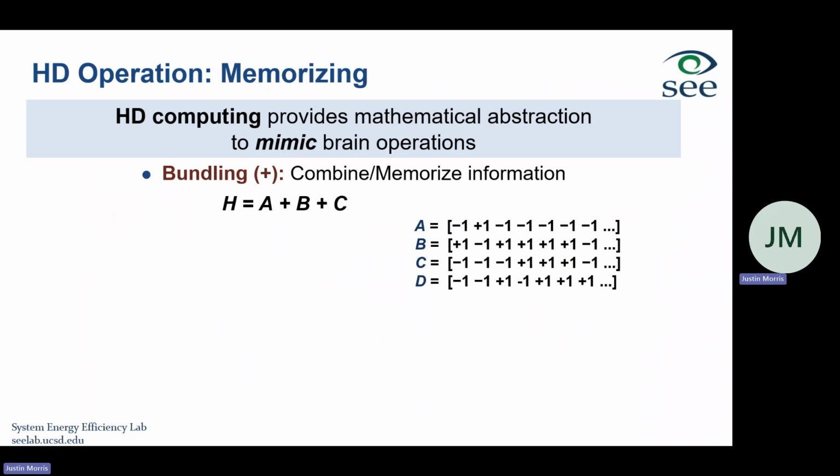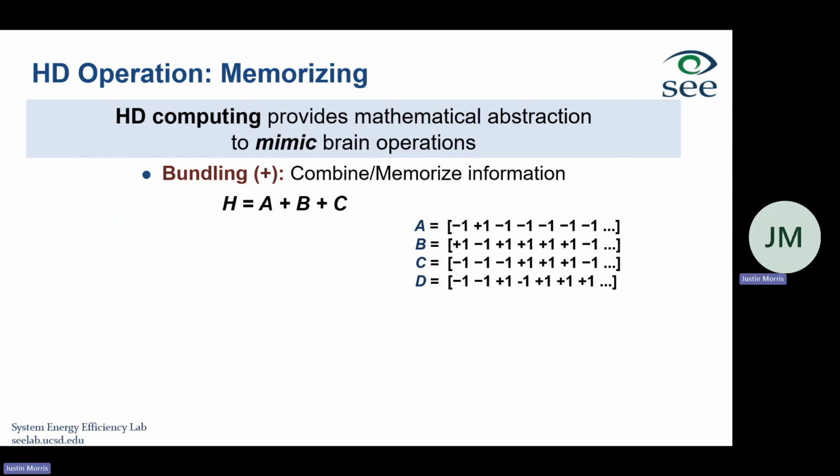So for our operations on these different values, we have bundling. Bundling is memorization. If we have these different hypervectors A, B, C, D, and we bundle A, B, and C into H, this is just element-wise addition.